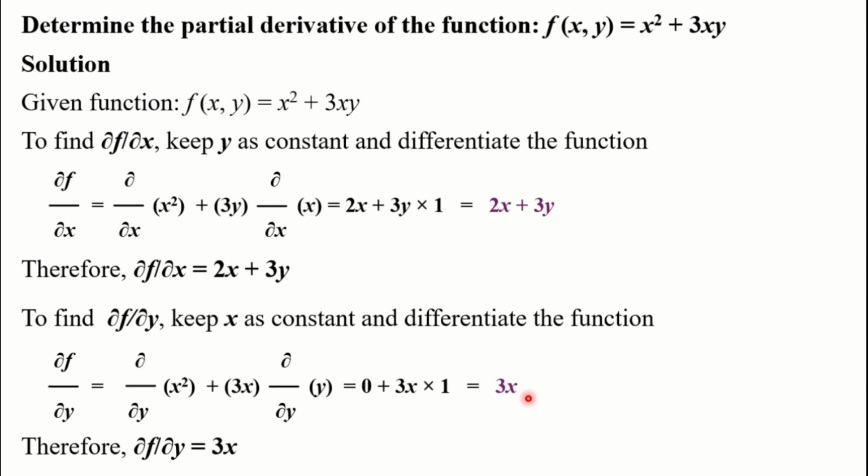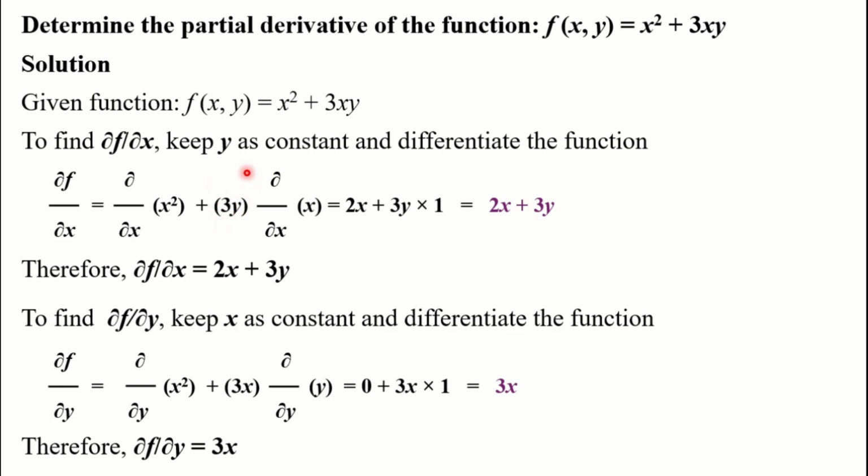Next problem. Determine the partial derivative of the function f of x, y is equal to x square plus 3xy. Okay, the given function is x square plus 3xy. First we find the partial derivative with respect to x: partial derivative of x square plus 3y. Why do we bring 3y outside?